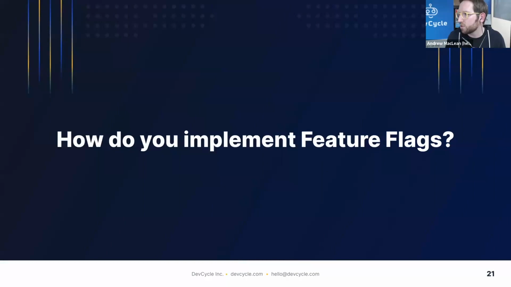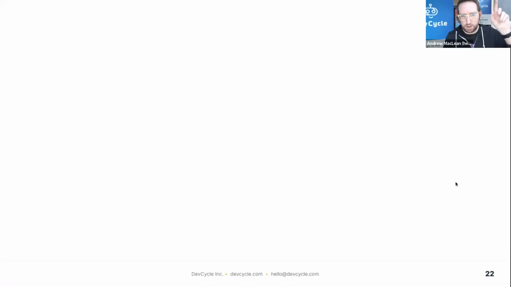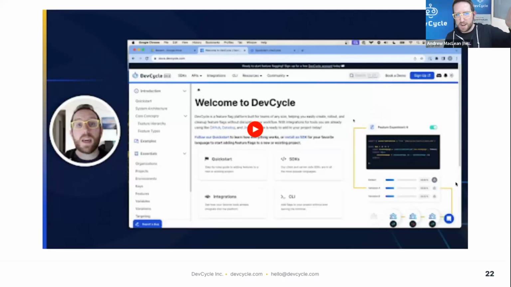But I'm going to stop my share, and then I'm going to reshare, but focused on making sure my sound is there and optimizing for video clip. And Nonso, can you confirm that it's showing the right screen? I'm still seeing the how do you implement feature flags. Perfect. And now you should be seeing the video screen. Yes.